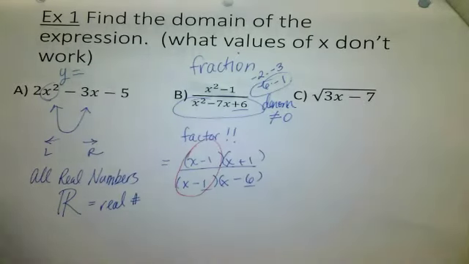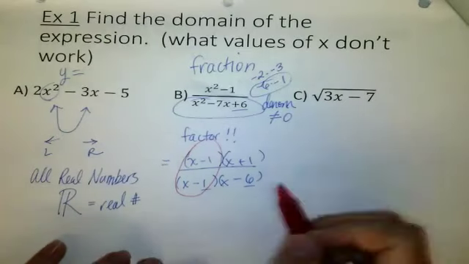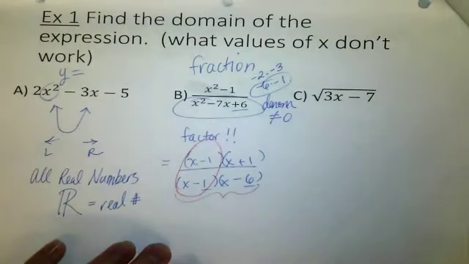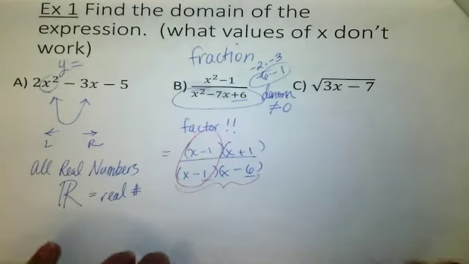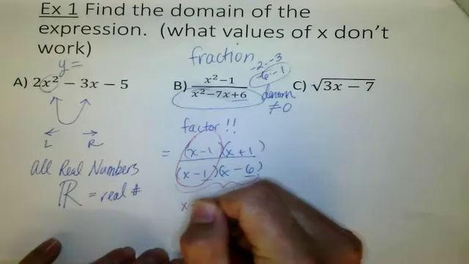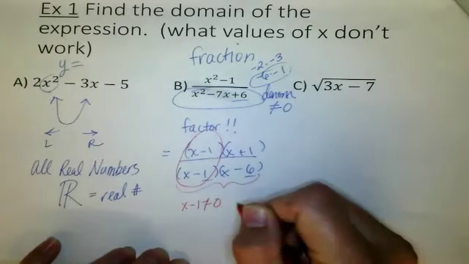It's kind of interesting. But right here in factored form, we're going to look just at those denominator bubbles. And we're going to say that those denominator bubbles can't equal 0.